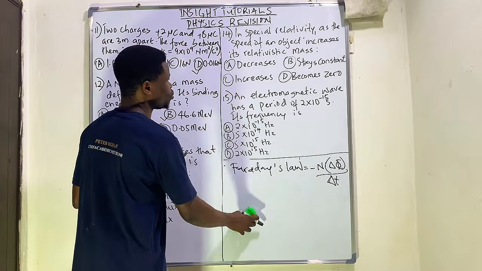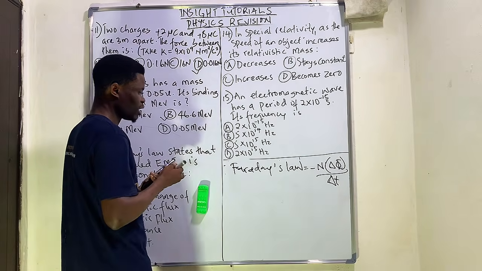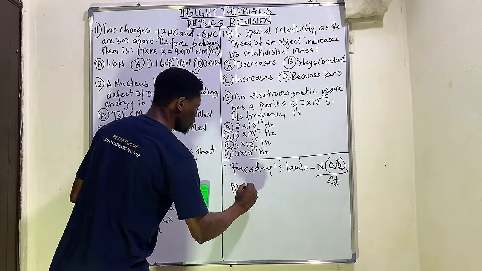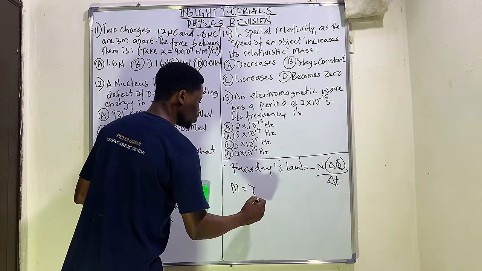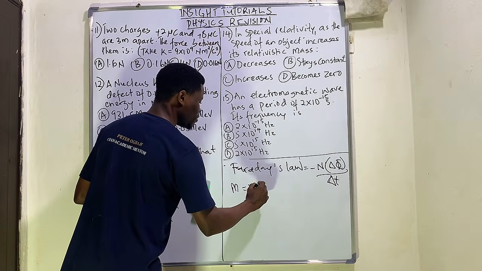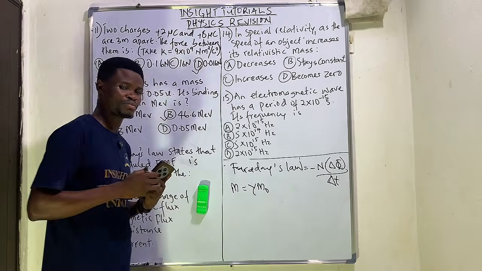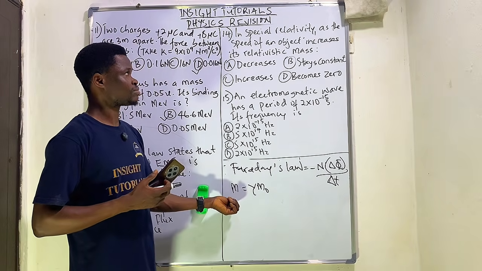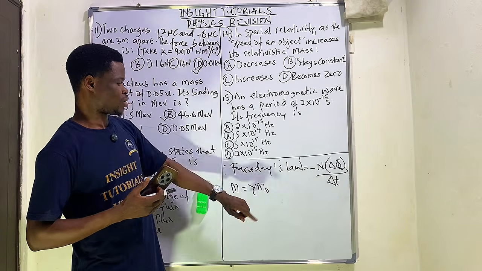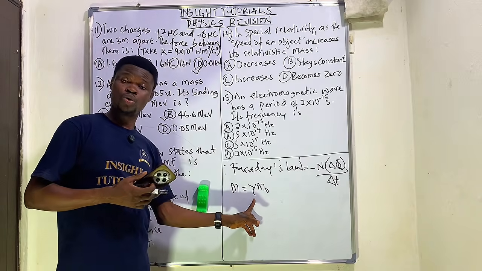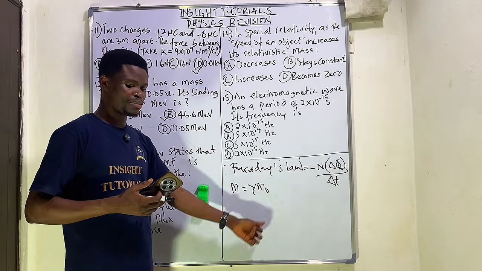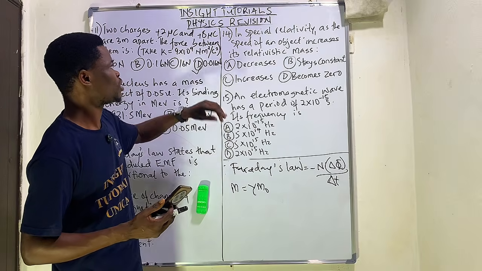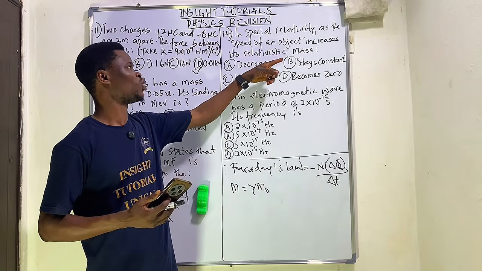Now, what you need to know is that the relativistic mass m is related to the Lorentz factor times the mass at rest. The relativistic mass is equal to the Lorentz factor times what? The mass at rest.